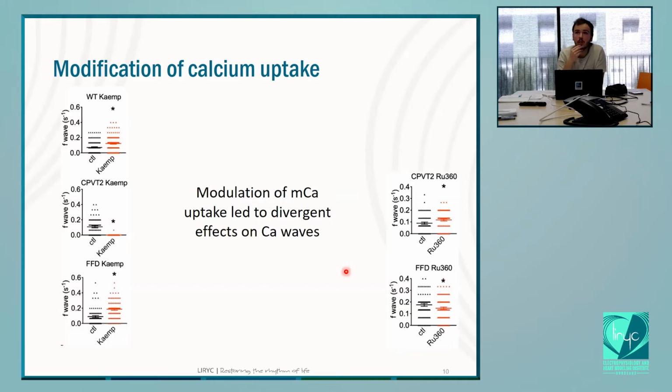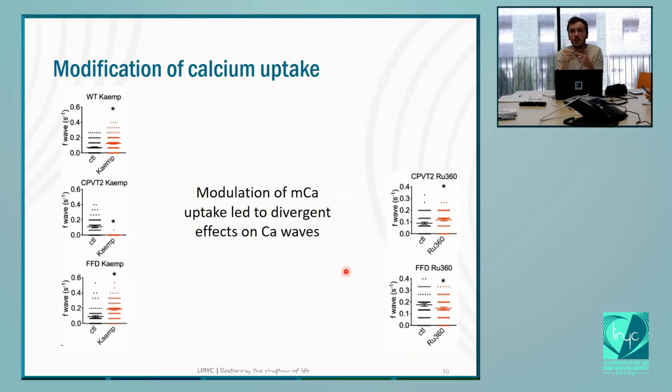To understand a little bit deeper what was going on, they look at the ROS production, because ROS is known to be produced by mitochondria and to trigger calcium release by the RyR channels, and so to trigger arrhythmias.